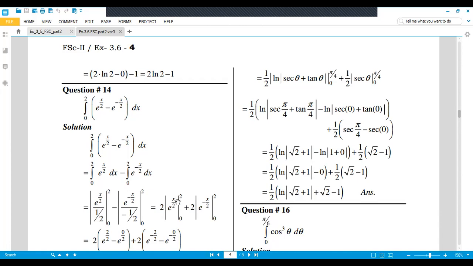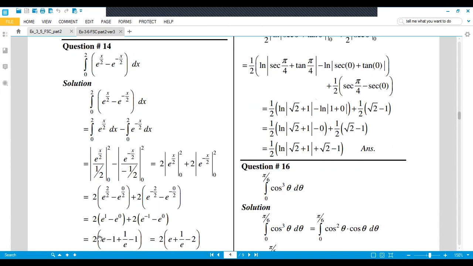So this value in the denominator will come in the coefficient. So 2 e power x over 2, from 0 to 2, and plus 2 e power minus x over 2, upper limit and lower limit. Now you put the upper limit in place of x, so e power 2 over 2 minus e power 0 over 2, and then this plus sign, 2 e power minus 2 over 2 and e power minus 0 over 2. So 2 over 2 is e power 1.